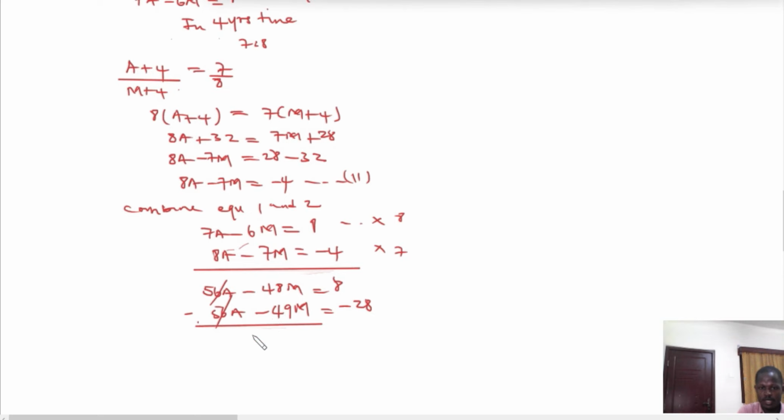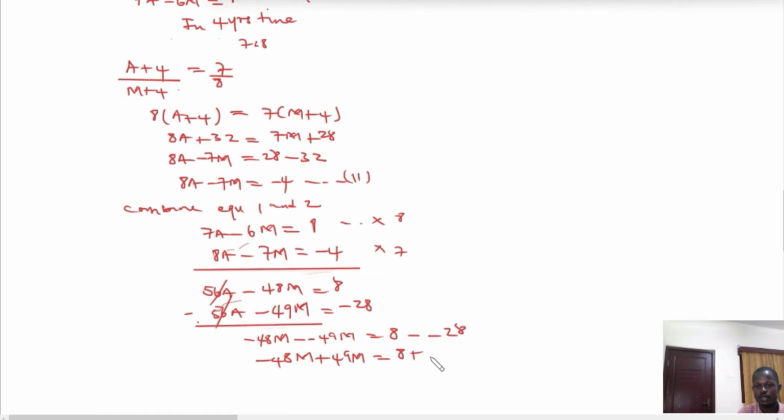We have minus 48M minus 49M equals 8 minus minus 28. The minus sign is affecting all of this, so minus 48M, minus times minus is plus 49M, equals 8 plus 28.